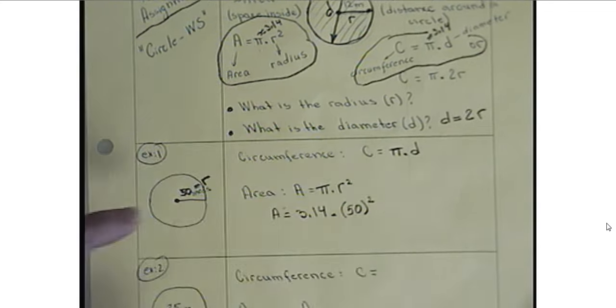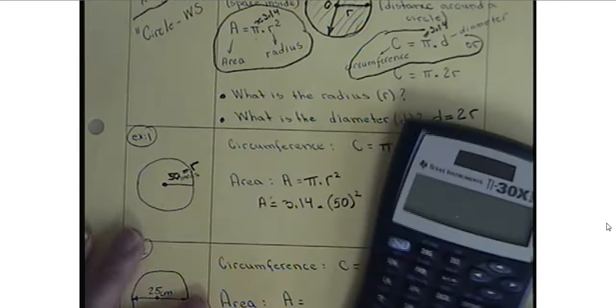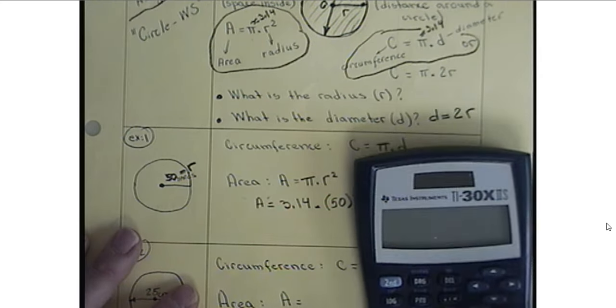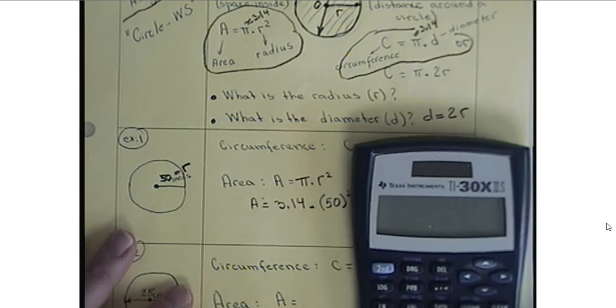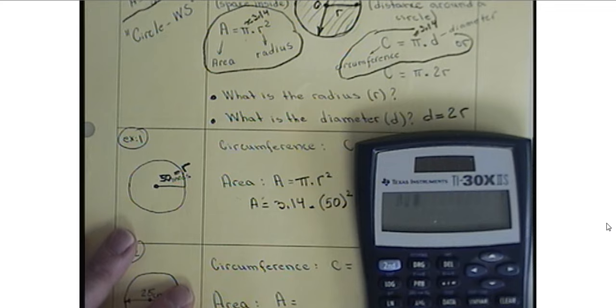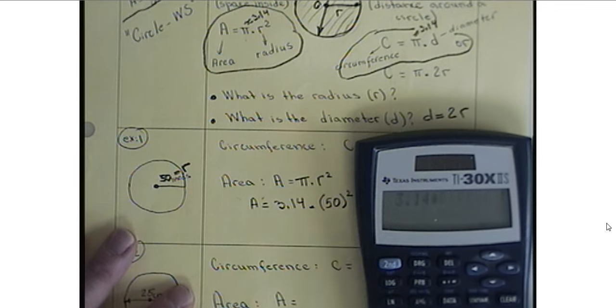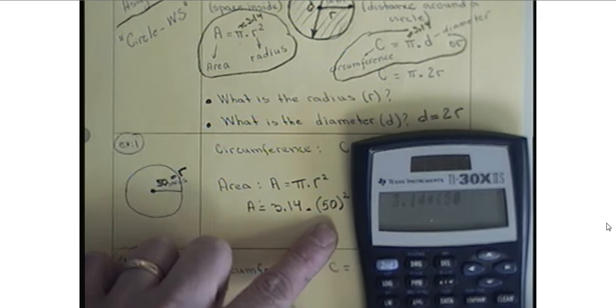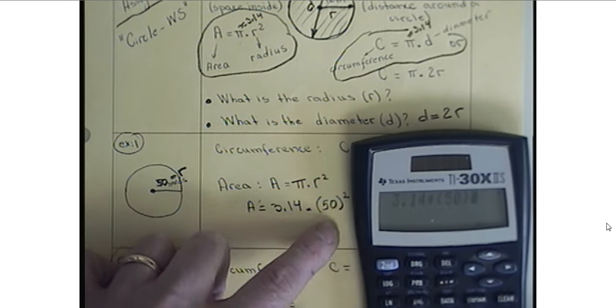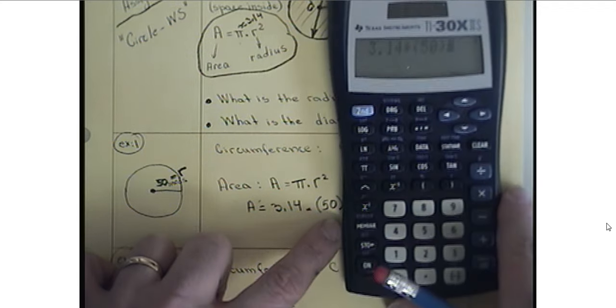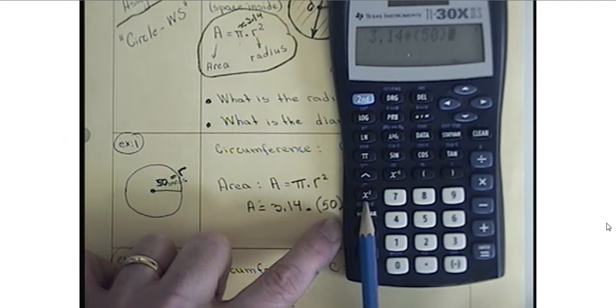On your calculator, we'll start with 3.14 times. Then open the parentheses and put inside the number 50. Close the parentheses and then square that number. You can use the square button over here, or you can use this one over here and type 2.